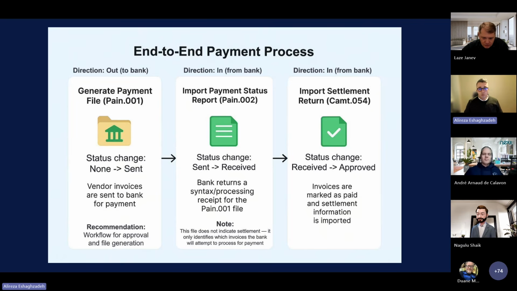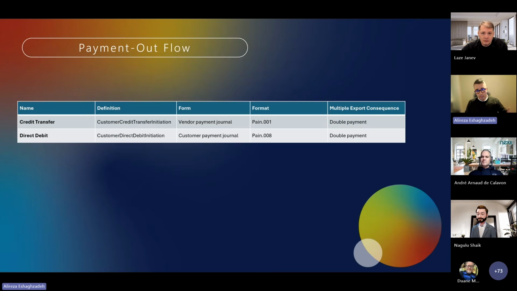And the last part, once the invoice has been paid, the bank will send you the CAMT.054, or sometimes they just send you the bank statement as a receipt, as a settlement for the paid invoice. So in order to have a better understanding, I just classified it into out and in. Basically we start with the out, which is a credit transfer, as pain.001.